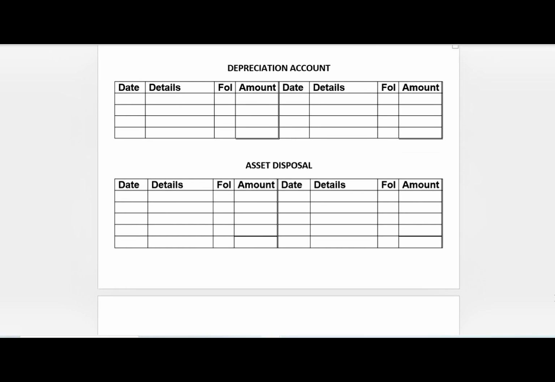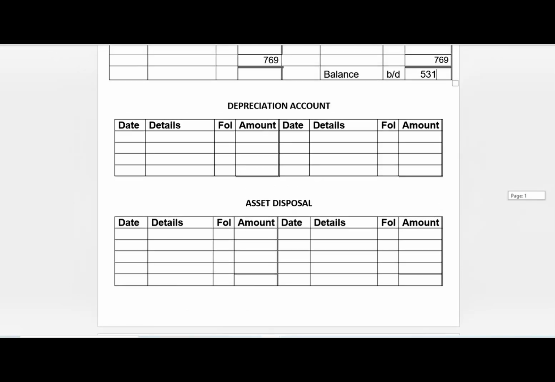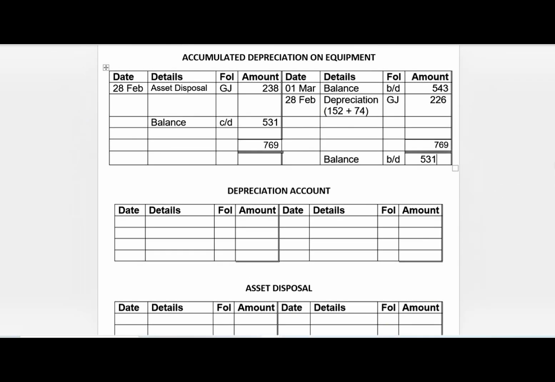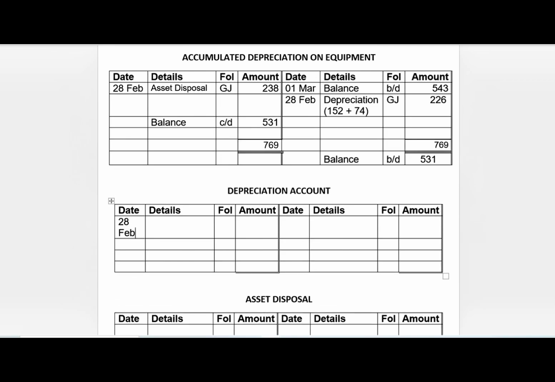So the depreciation account is an easy account, this one. As long as you have prepared your accumulated depreciation account correctly, then the depreciation account is very easy. So you are just going to put the date of the end, so it's going to be 28 February, right? And then on this side is going to be accumulated depreciation, the double entry system, or duality principle, remember.